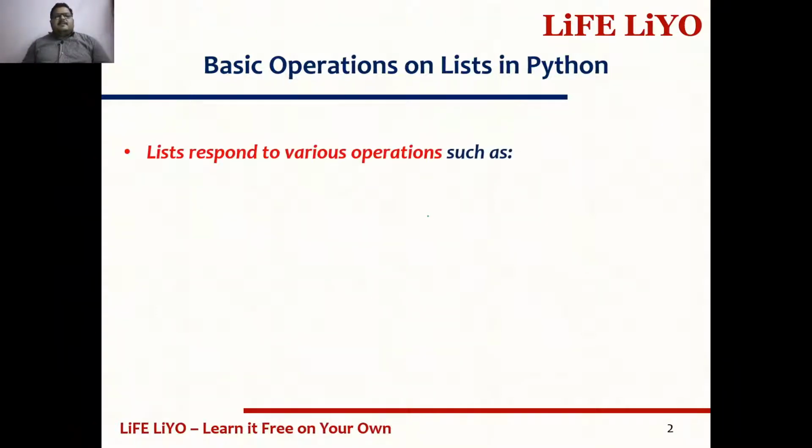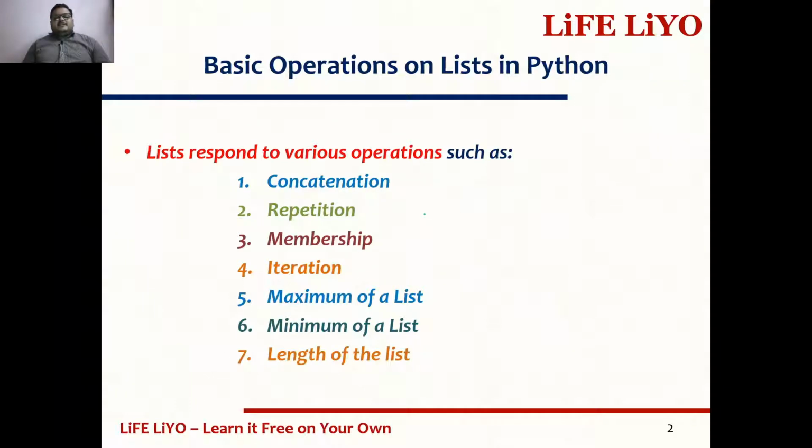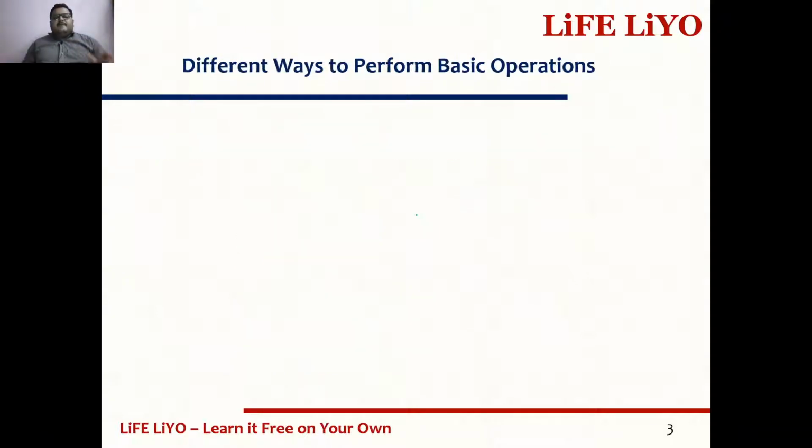Lists respond to various operations such as concatenation, repetition, membership, iteration, maximum of a list, minimum of a list, length of the list, sorting, and reverse. These things can be done with the help of lists. Out of these, we are going to discuss a few of the ways to perform these basic operations.